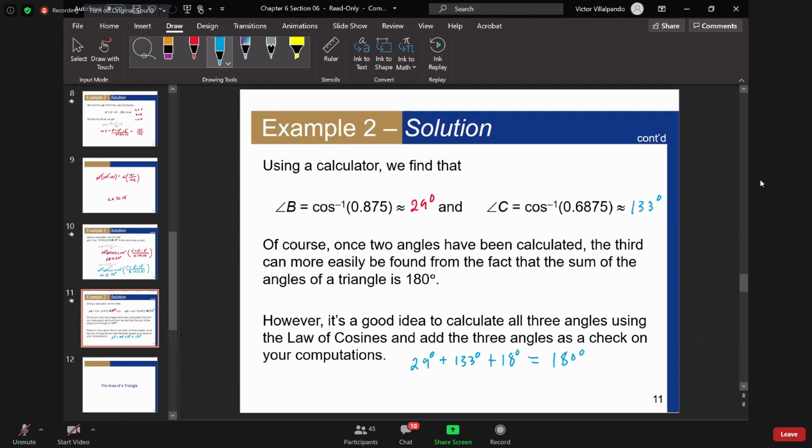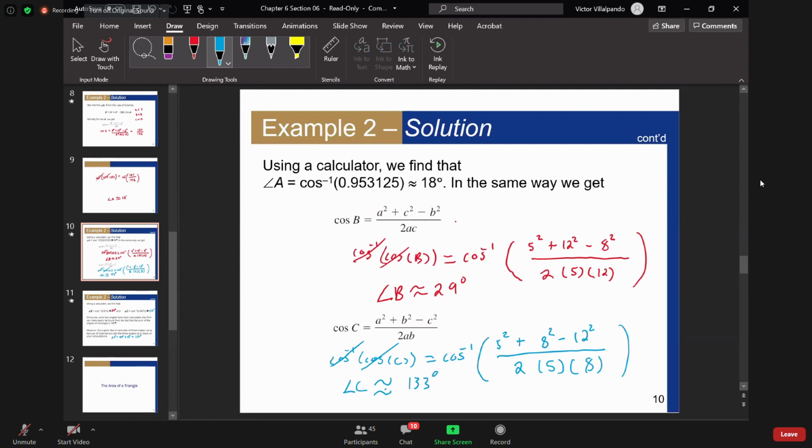Why is it 133? Okay, so let me go back because we just simply use the law of cosines. We use the law of cosines for angle C. Is that what you're asking? Why is angle C 133?